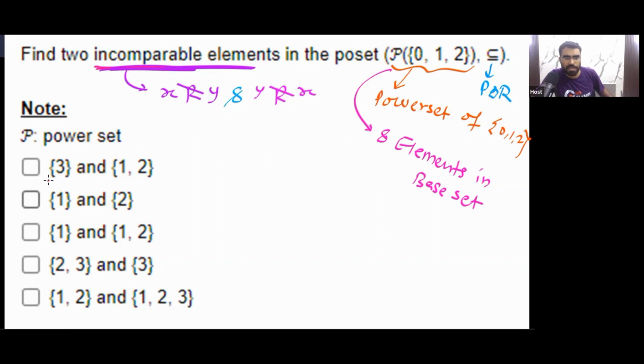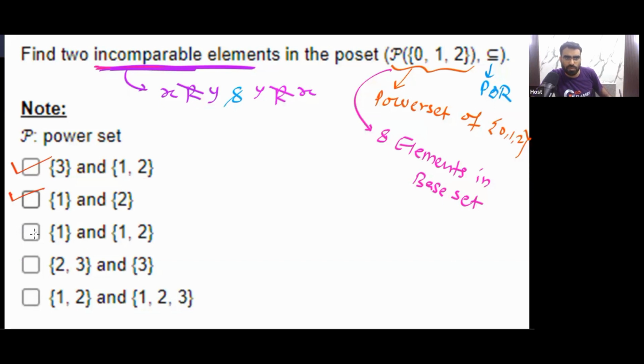So you tell me here, can I say this is a subset of {1, 2}? No. Can I say this is a subset of {1, 3}? No. So yes, they are incomparable, because this element is not a subset of the other and the second element is not a subset of this element. What about these two? Yes, they are also incomparable.